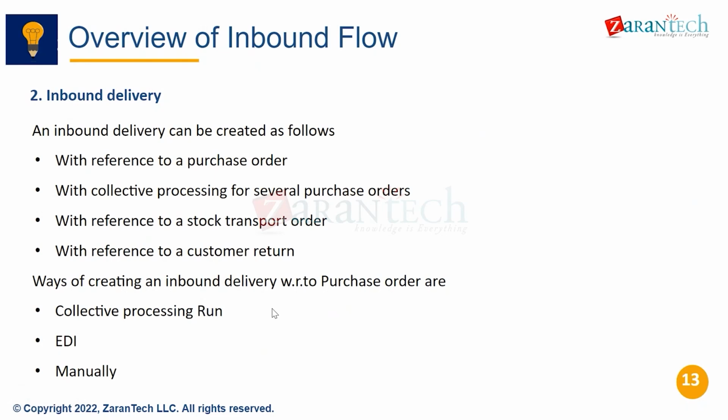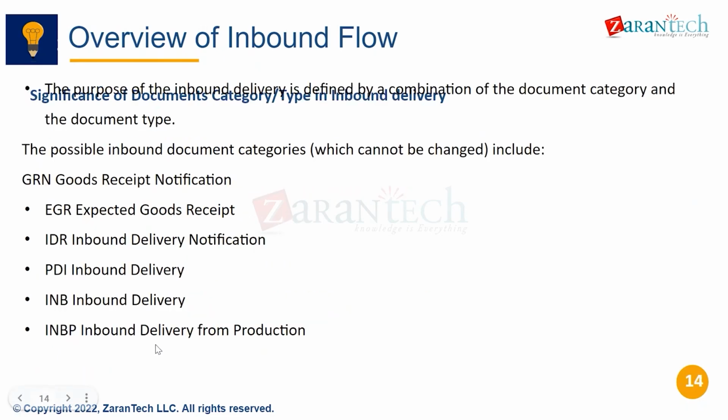Yeah, and you can see again, this inbound delivery also can be created from the expected goods receipt. In the case of your stock is being received from the external production line, right?